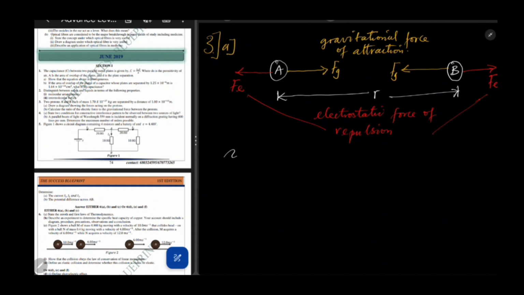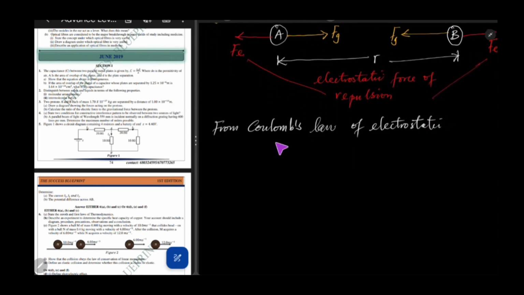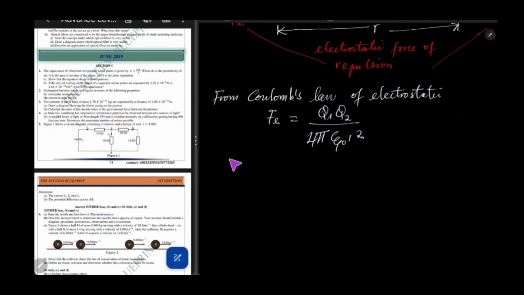To do so, we have from Coulomb's law of electrostatics, the magnitude of the electric force Fe is given by Q1 Q2 divided by 4 pi epsilon 0 r squared, where in this case we assume that the two protons are placed in a vacuum or in air, where epsilon 0 is the permittivity of free space.